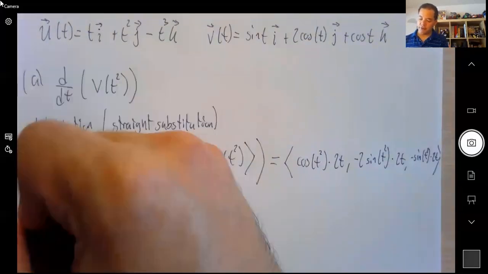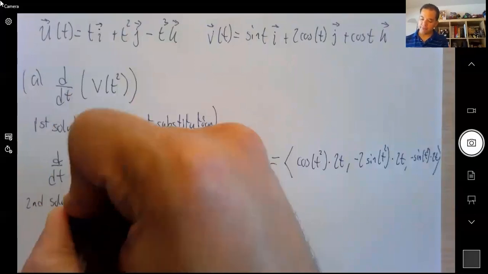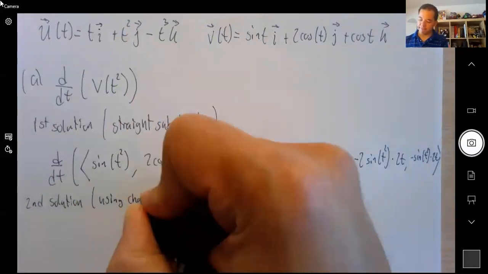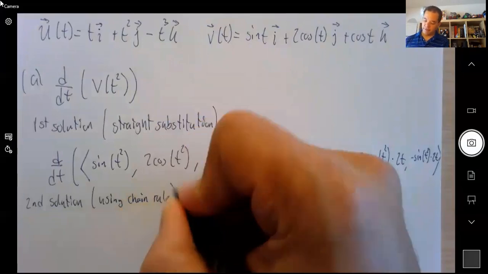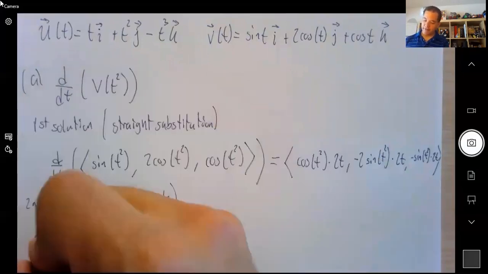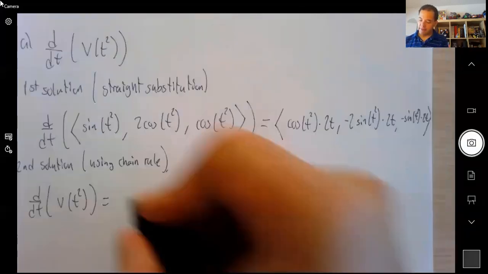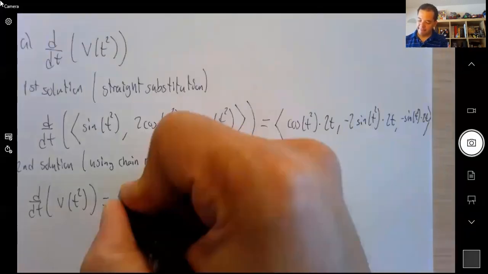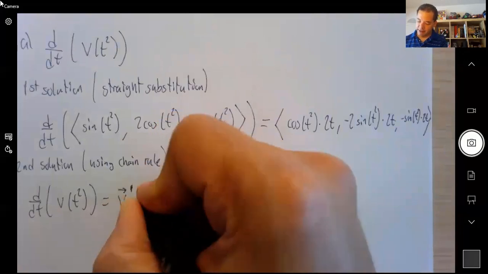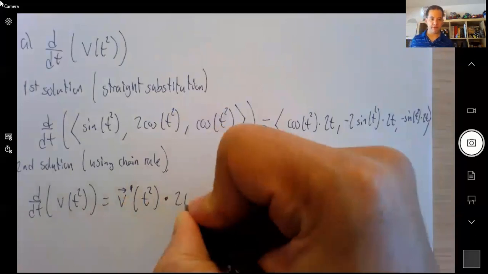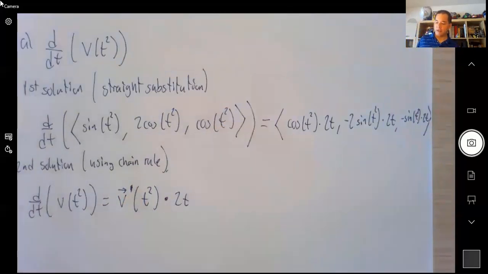Second solution is like using chain rule, using the chain rule we just learned. So in that case, the derivative would be v prime evaluated in t squared times 2t, right? And what is v prime?